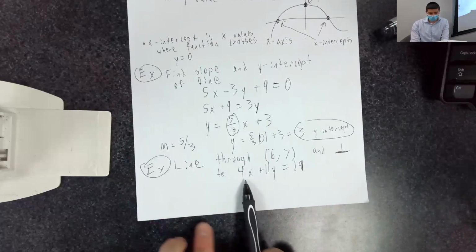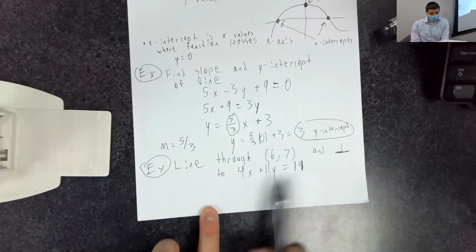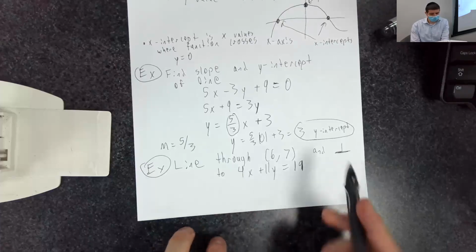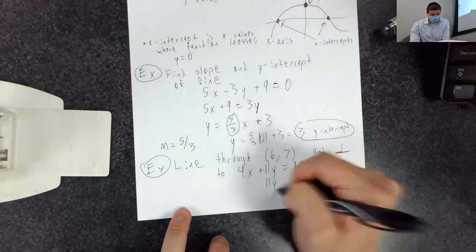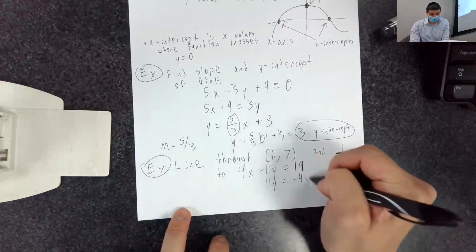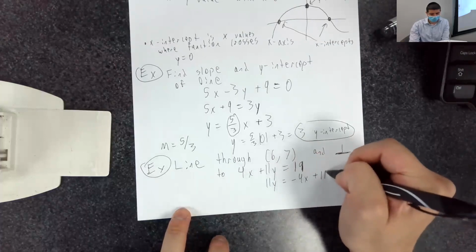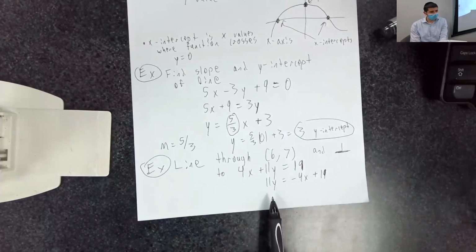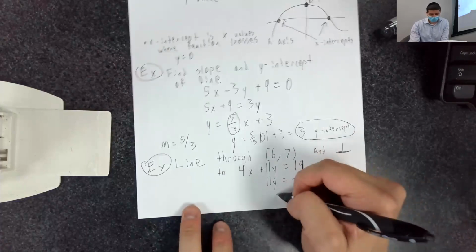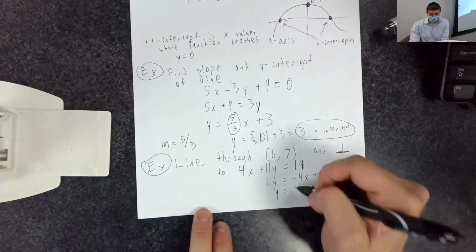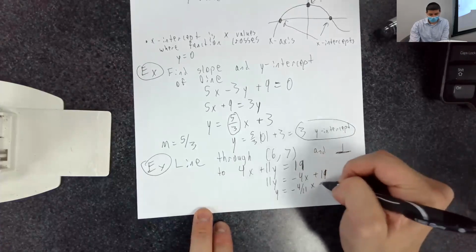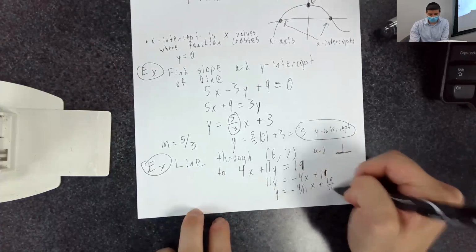So almost, so we need to first subtract the 4x. So notice that when we subtract, it's negative 4x plus 19. Be a little bit careful. We put a negative. And then what should we do with the 11? Divide both sides by 11. Right, so negative 4/11 x plus 19 over 11.